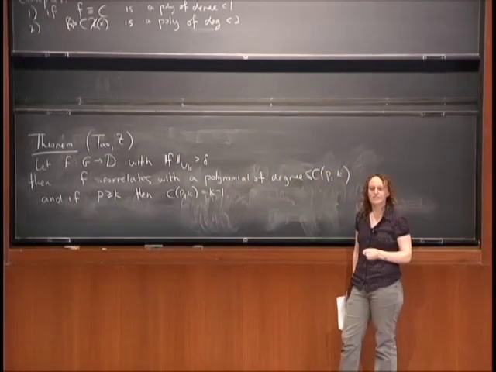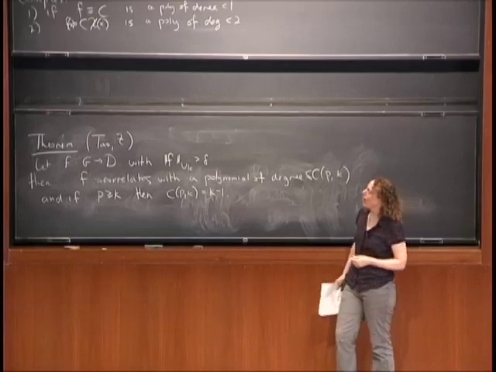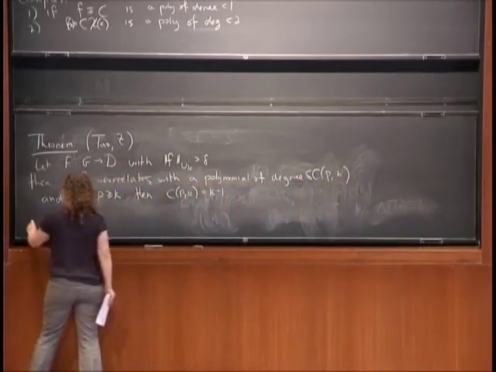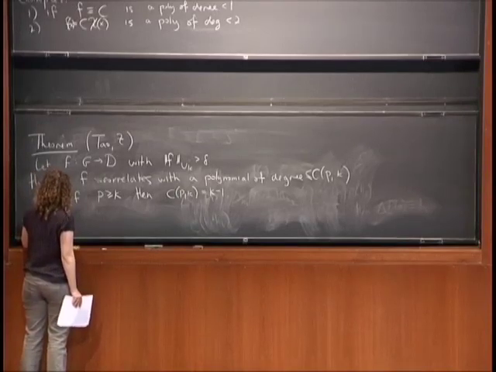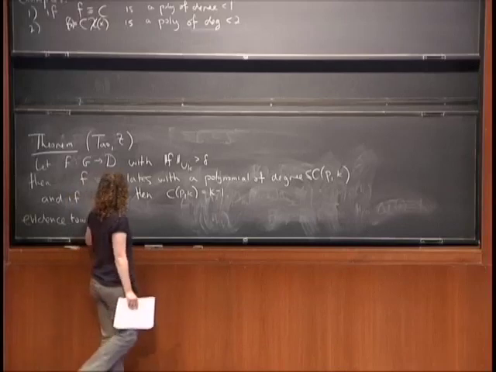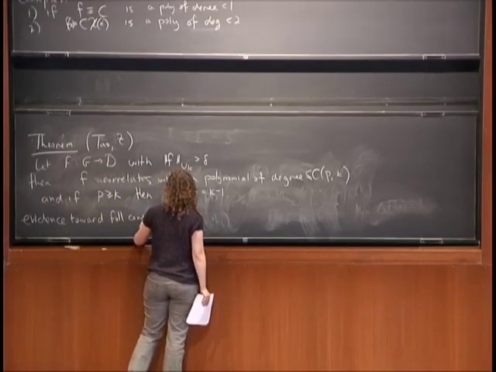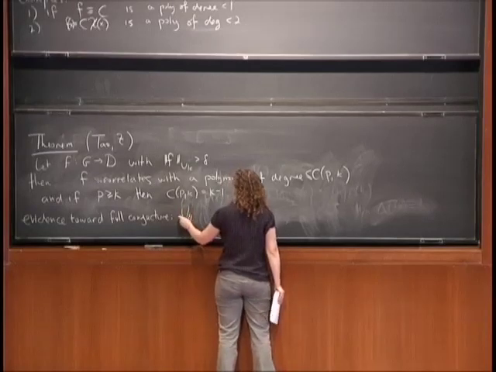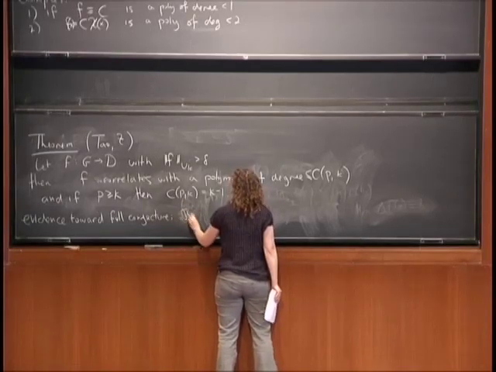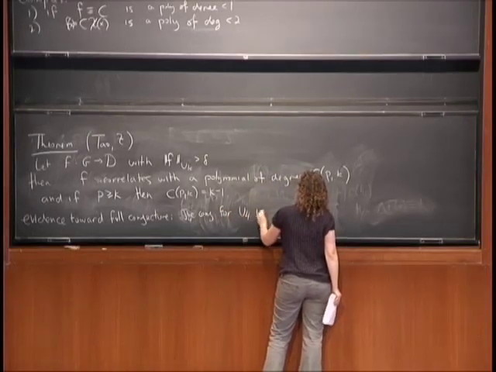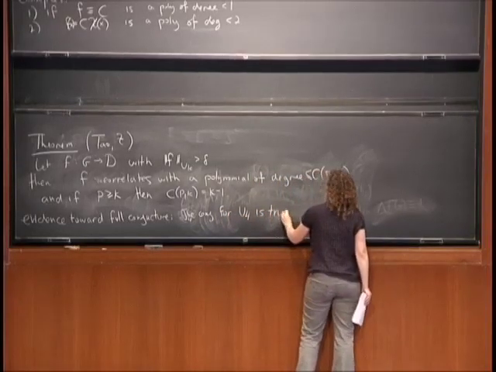But let me just say something to convince you of why we do hope that this conjecture is true in full generality. So evidence towards the full conjecture is that the conjecture for U4 is true for all p.